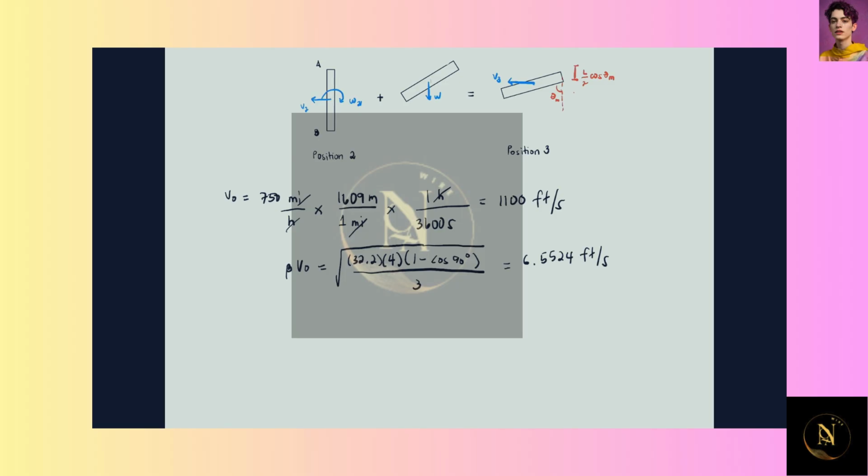Then finally, solving for V0. V0 would be the value that we got earlier divided by the value of beta. So that would be 6.5524 feet per second over 0.0034722, and that is equal to 1,887 feet per second.